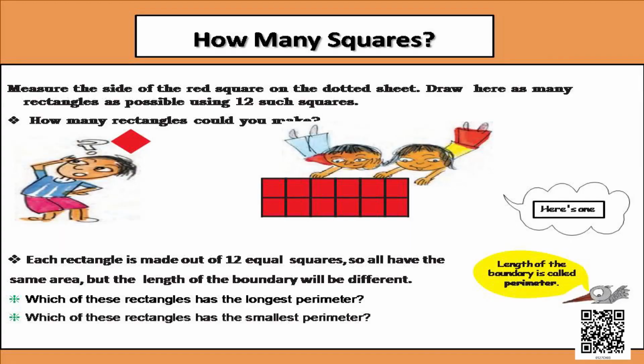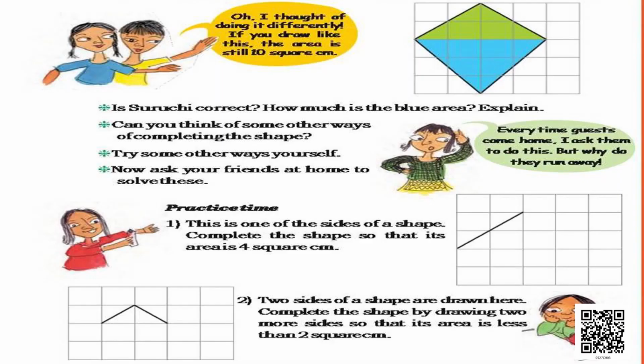We have already discussed the concepts of area in our previous two classes, and in this class as well we are going to learn some more concepts about the same chapter. We have already discussed two tasks. In the first task, you have to complete the shape by drawing two sides so that you will have an area of 4 square centimeter.